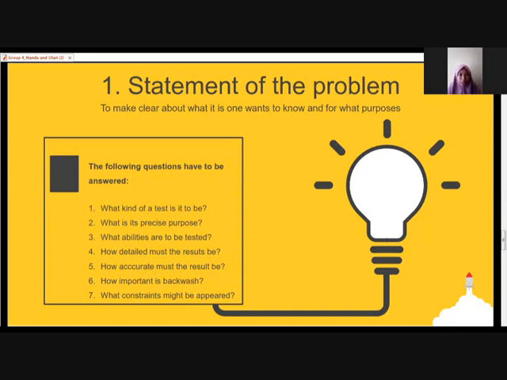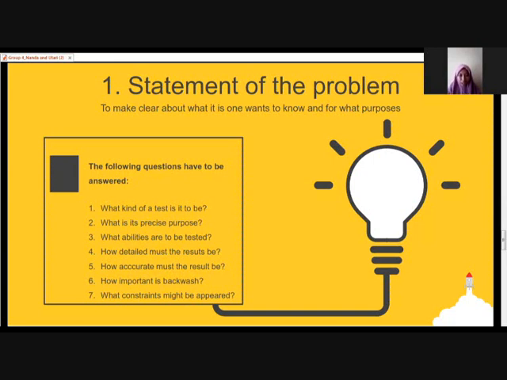The diagnostic test is to know the students' strengths and weaknesses, so the accuracy needed will be different from the proficiency test, which judges whether test takers pass or fail to be said proficient. So the results of the proficiency test and the diagnostic test will be significantly different.